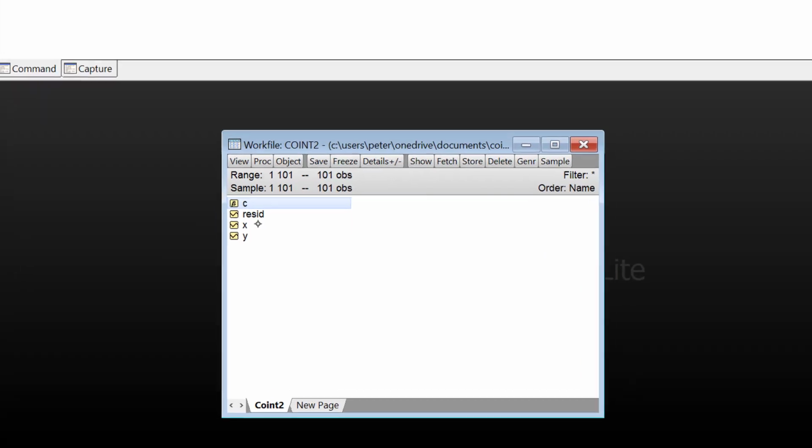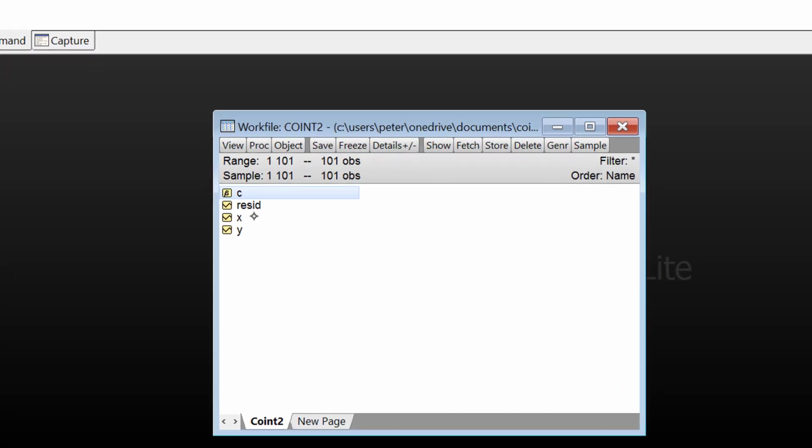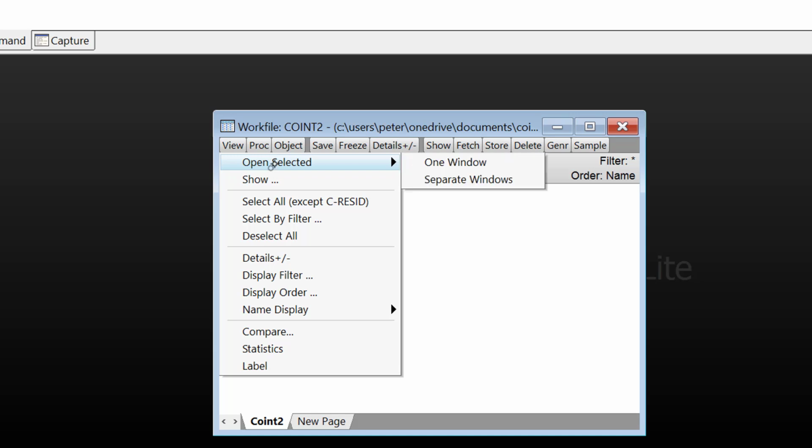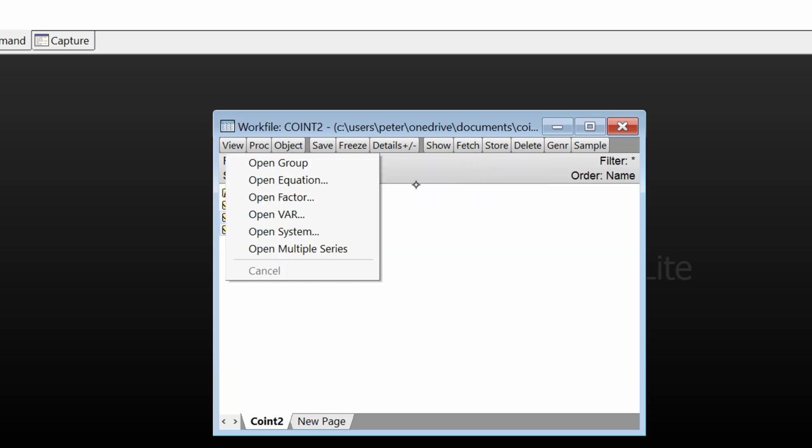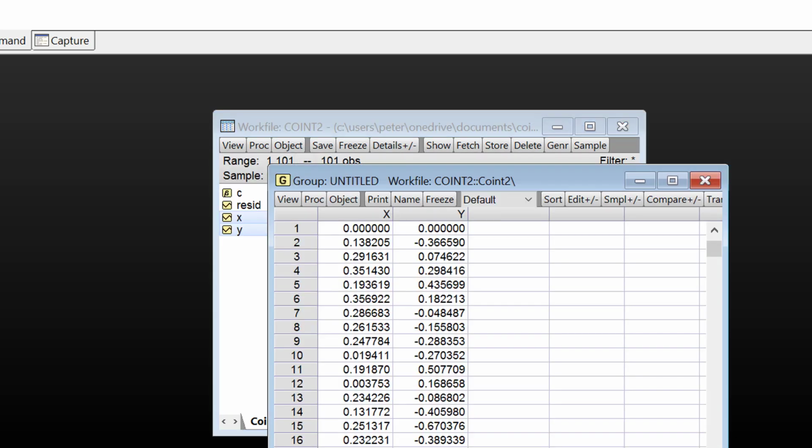Here I have data on two variables, x and y, and these two series will be cointegrated. So first let's make a plot of both of them. You can do that by selecting both, going to View, Open Selected in one window, and open as a group.